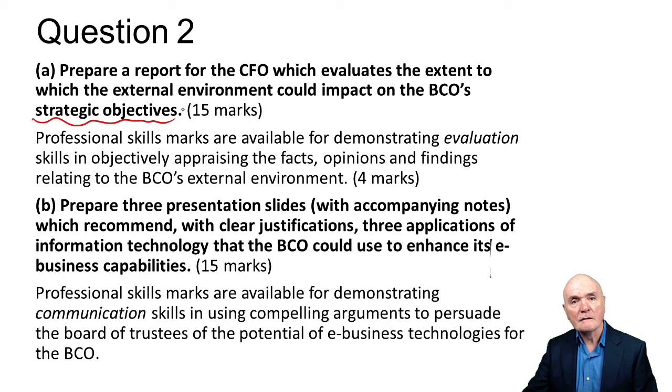But what happens to the income of sheep farmers or goat farmers, or are people going to be frightened of being attacked by these animals? And there could be a political aspect to that. Anyway, the answer doesn't matter. All we're doing here is saying political factors, here's how they could impact on these strategic objectives.